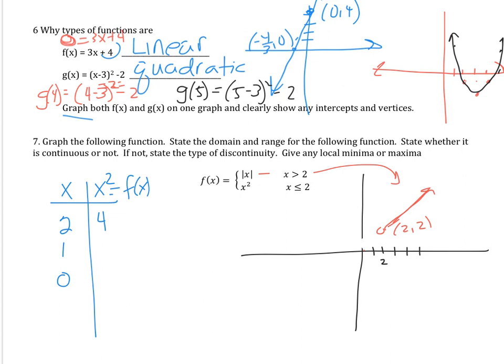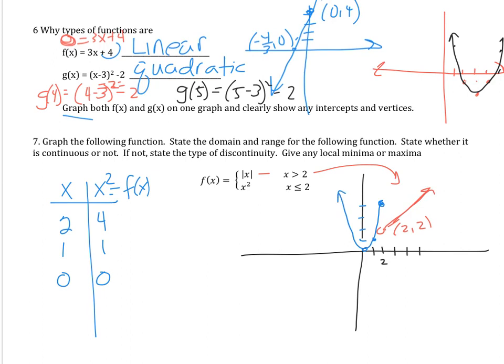When x is 1, x squared is 1. When x is 0, it's 0. So this is the very standard parabola, and it starts at (2, 4). It has a closed circle there. And at 1, it's at 1. And at 0, it's at 0. And so this parabola is doing this.